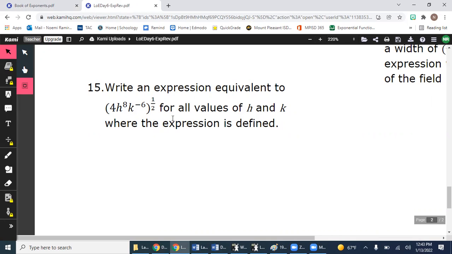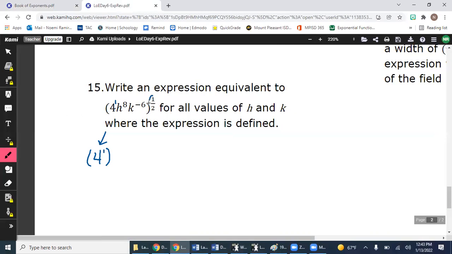So we have to actually simplify this. How many different parts are we going to have to this one? 3. There's 3 different groups. We have 4 to the power of 1, h to the power of 8, and k to the power of 6. So the first group is 4 to the power of 1, and 4 to the power of 1 is in the parentheses.